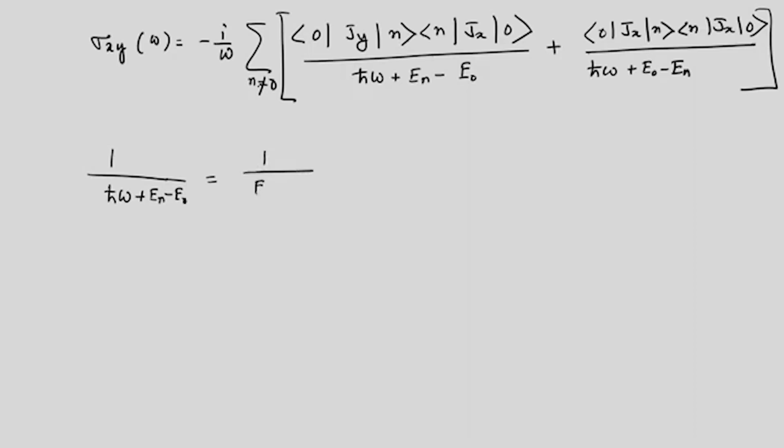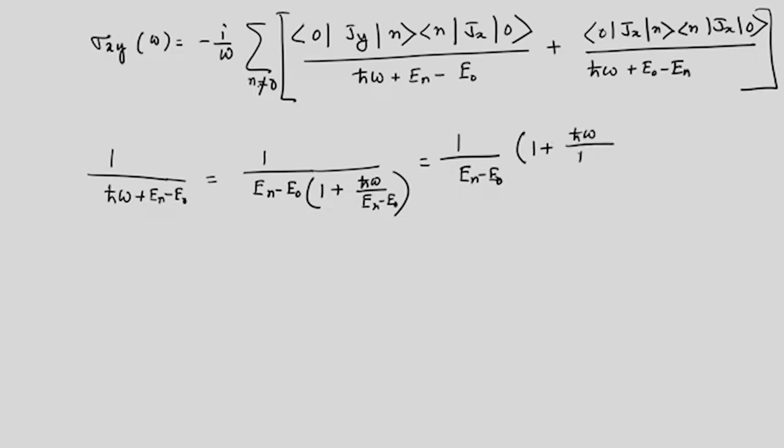You write it as E_n minus E_0 times 1 plus ħω divided by E_n minus E_0, and then you write it as 1 divided by E_n minus E_0 multiplied by 1 plus ħω divided by E_n minus E_0 to the power minus 1, and you do a binomial expansion and keep only the first term, which is linear in omega.